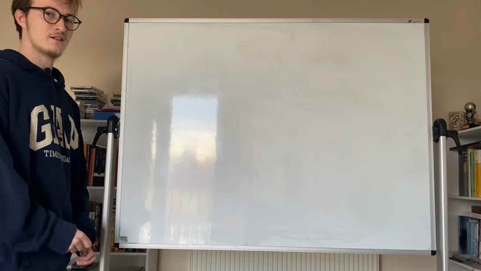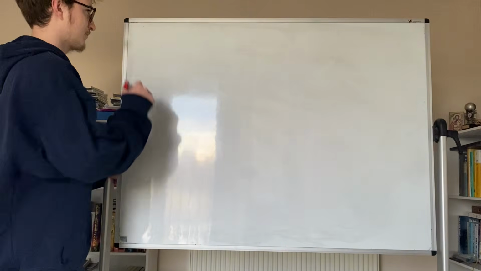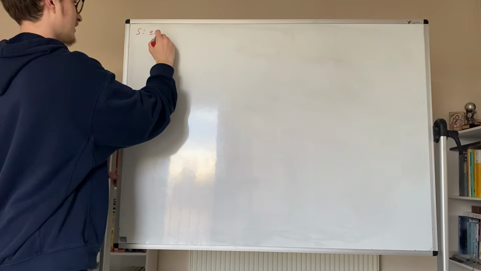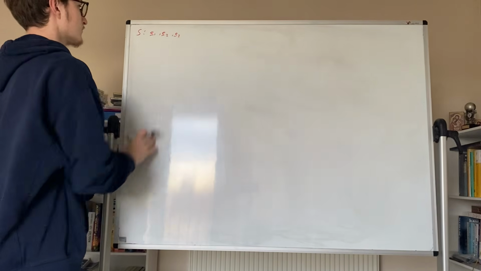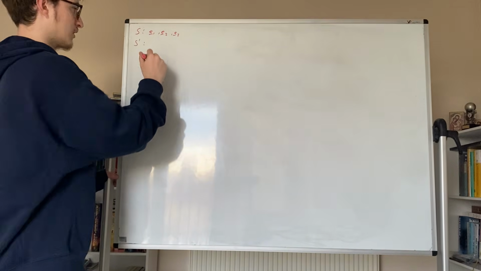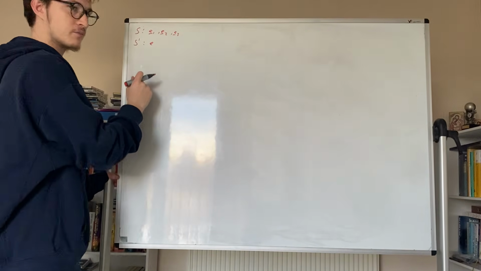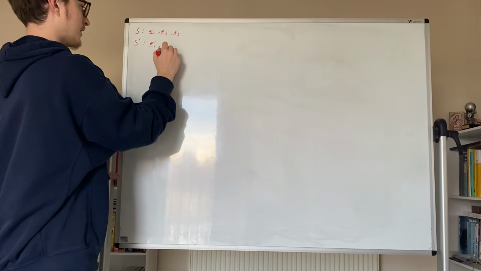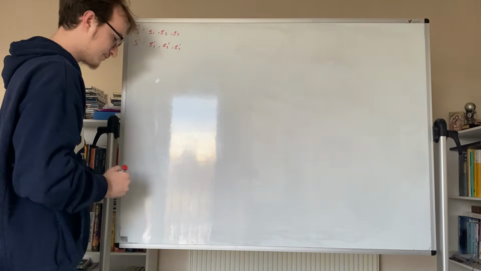So if we consider an inertial frame S, let's say S has bases E1, E2, E3 as its basis, and let's say we have S prime, which is rotating, and from the point of view of the inertial basis, it has a basis of E1 prime, E2 prime, and E3 prime, okay?